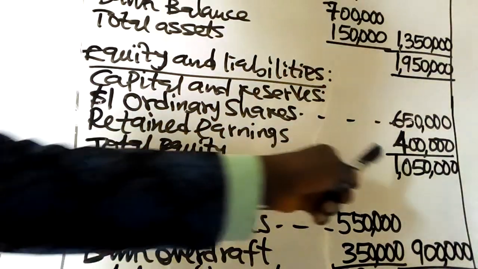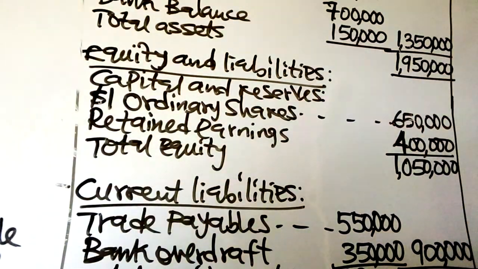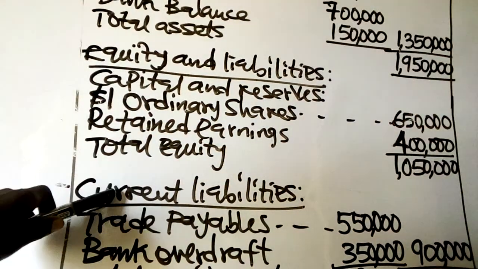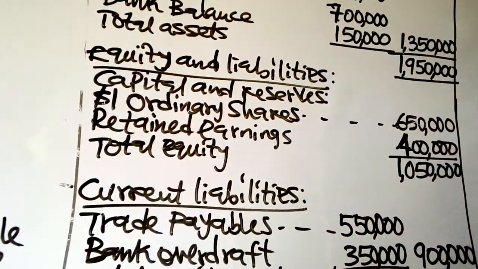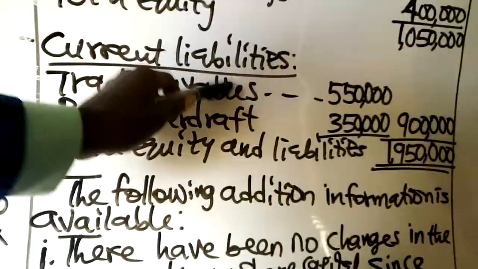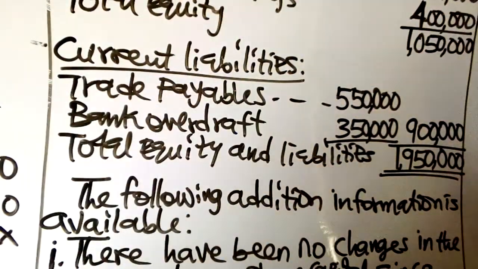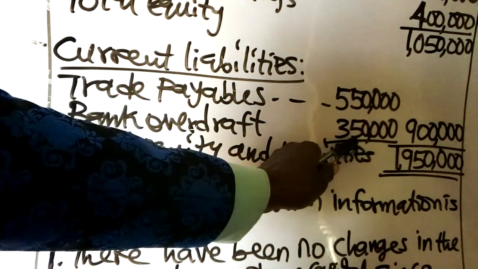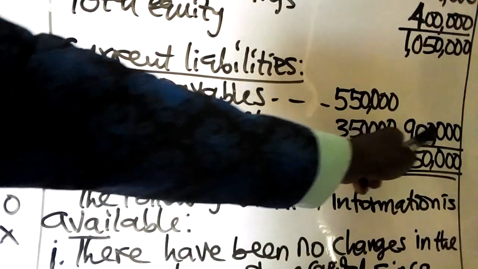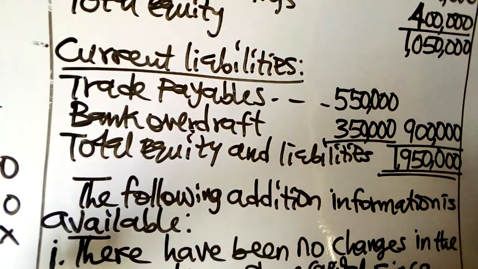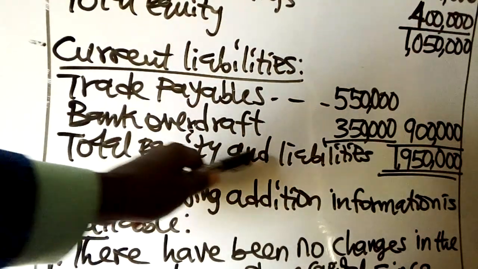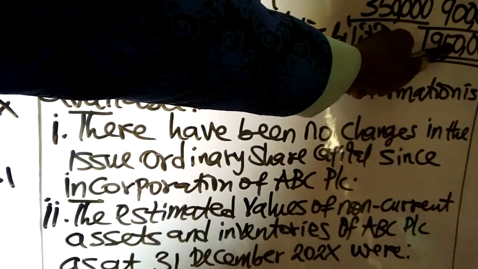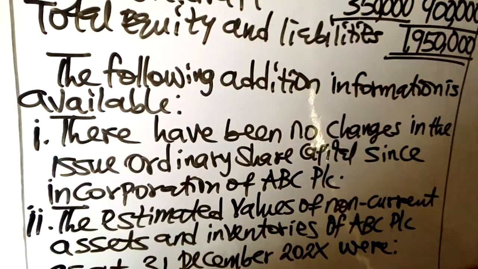Total equity 1,050,000. Current liabilities. We have trade payables 550,000. Bank overdraft 350,000. Current liabilities totaled 900,000. Then you have total equity and liabilities 1,950,000.